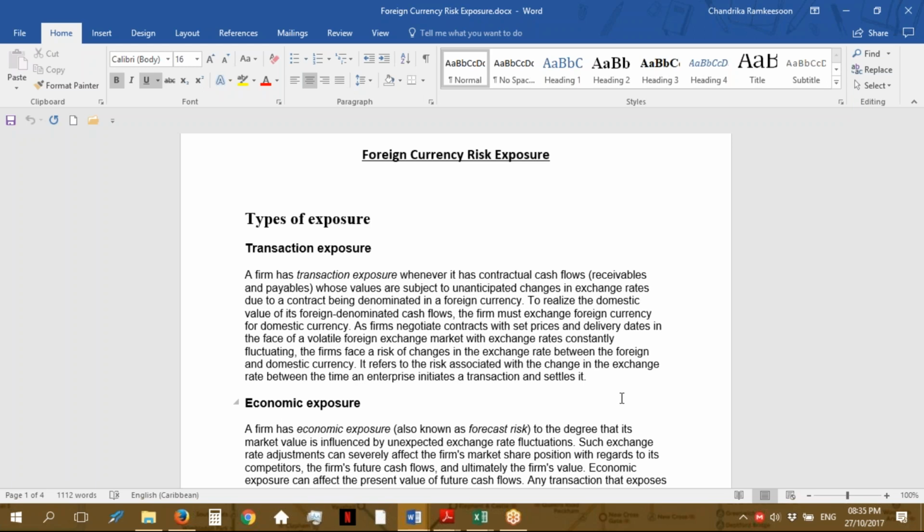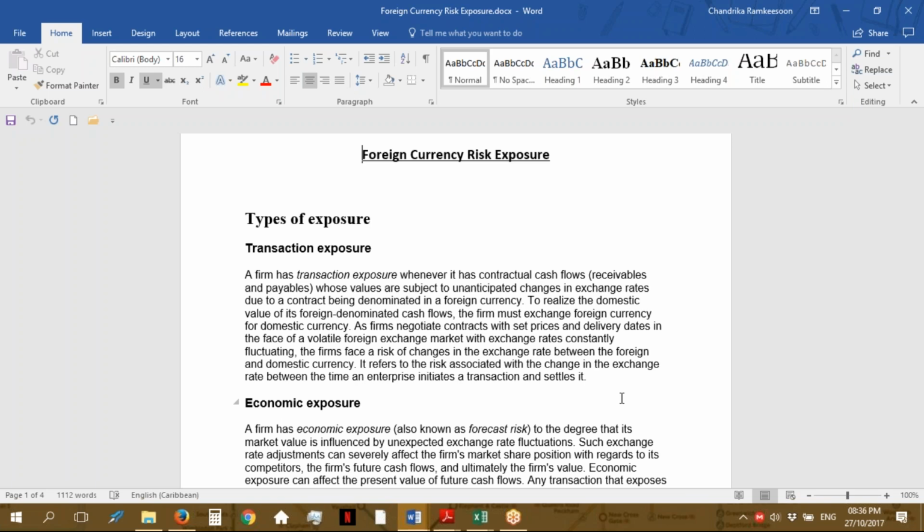Now, the fact that they've said in the article unanticipated changes, it implies a future period. To realize the domestic value of its foreign denominated cash flows, the firm must exchange foreign currency for domestic currency. As firms negotiate contracts with set prices and delivery dates in the face of a volatile foreign exchange market, with exchange rates constantly fluctuating, the firms face a risk of changes in the exchange rate between the foreign and domestic currency.